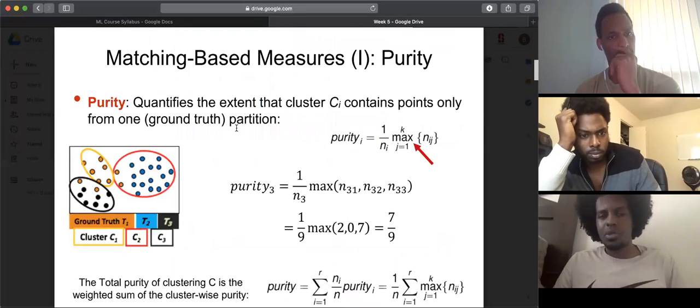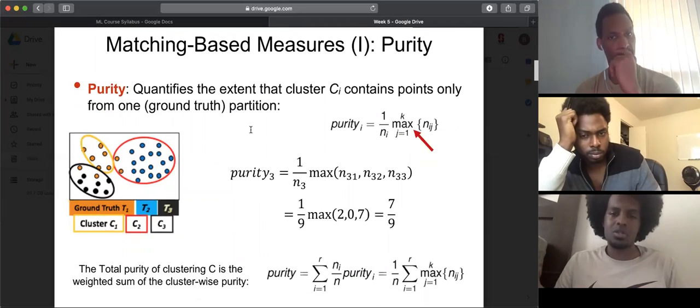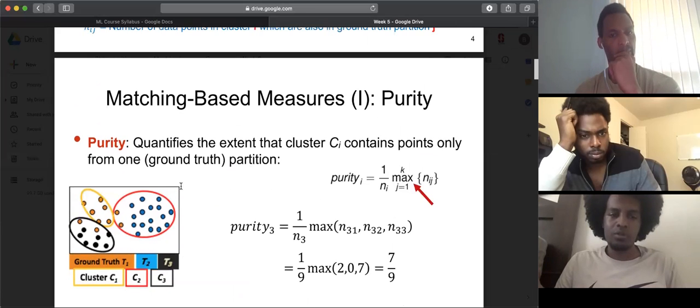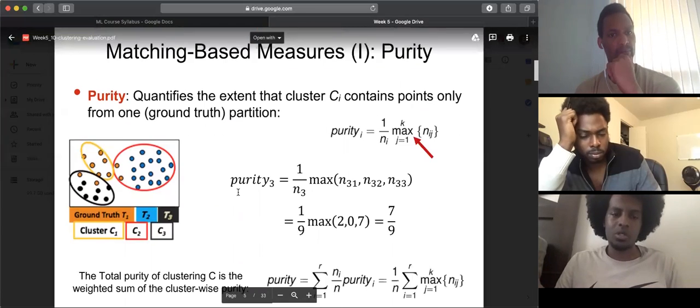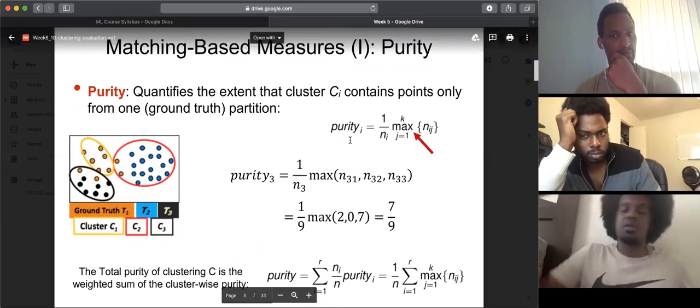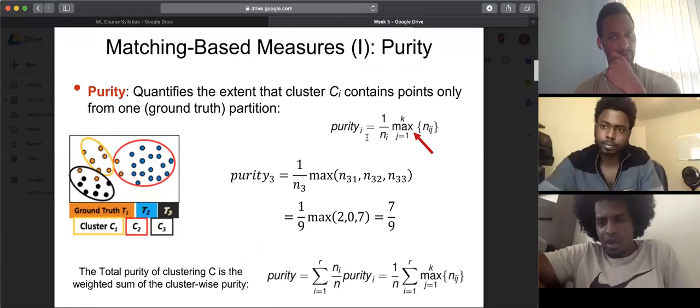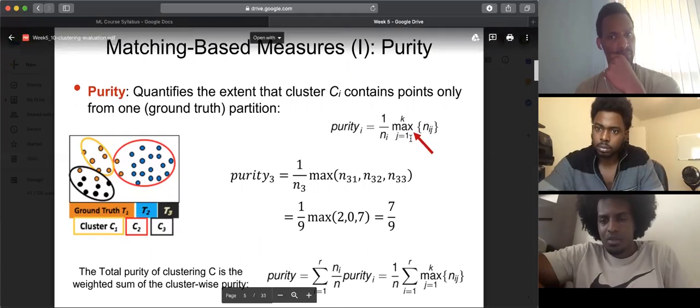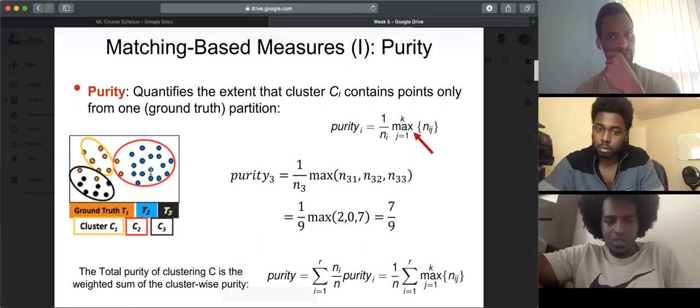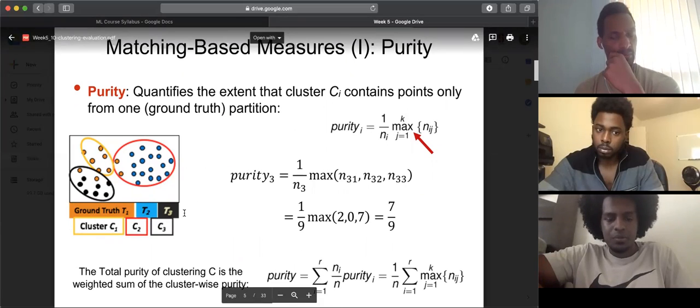So we talk about purity as quantifying the extent that cluster Ci contains points only from one ground truth partition. If you look at the math here, the purity of Ci is 1 over Ni, times the max of n_ij. Let's look at T3 for this example.